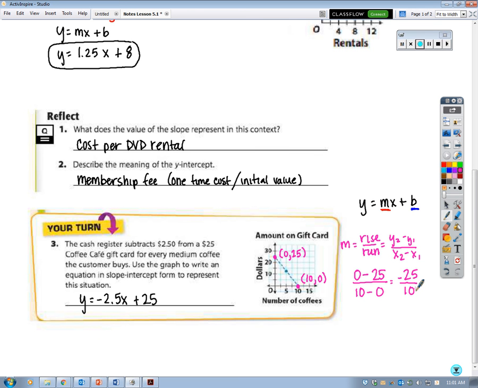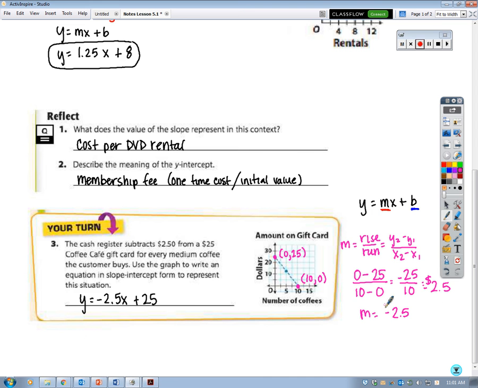Now, since we're dealing with money, I'm going to go ahead and put that into a decimal and figure out what my cost is per coffee, which is essentially what I'm figuring out here. And that is negative 2.5, which represents this value here, m equals negative 2.5.